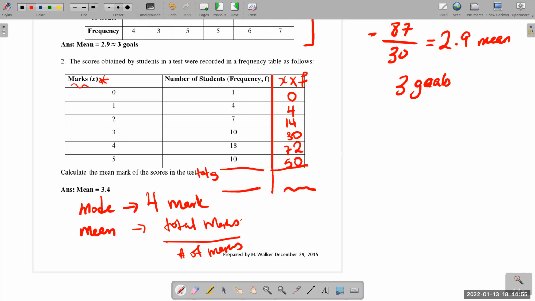So let's go. 0 plus 4 plus 14 plus 30 plus 72 plus 50. How much did y'all get here? 170. Okay. And how much do you get when you add up 1 plus 4 plus 7 plus 10 plus 18 plus 10? 50.